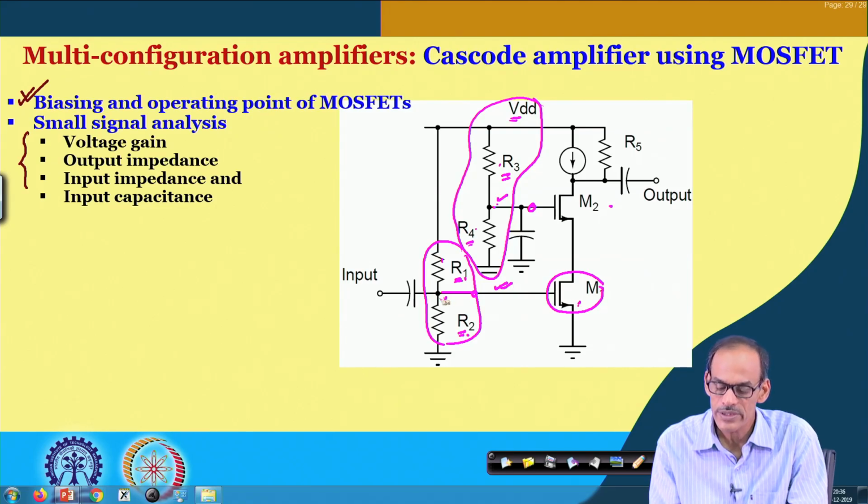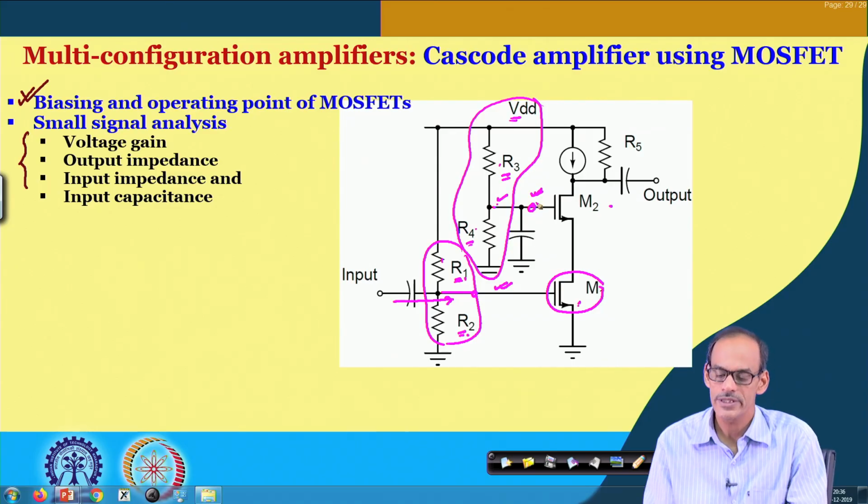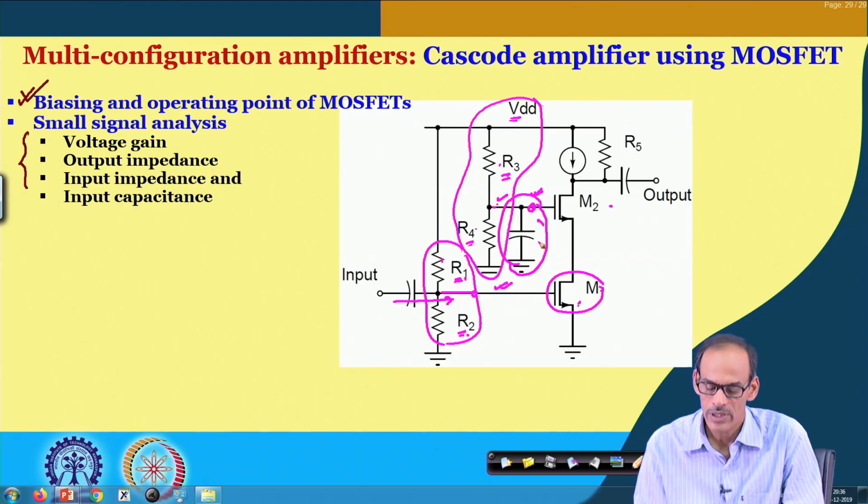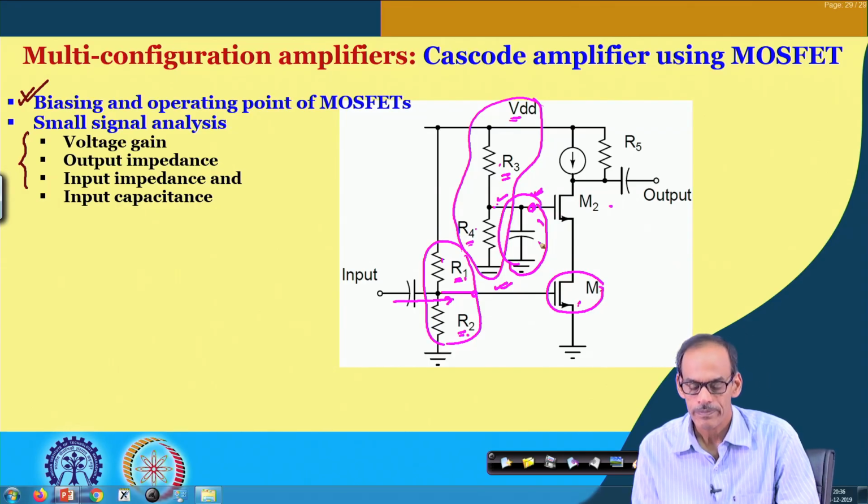Now, we are feeding the signal at this point, but we want this node to be AC ground for proper operation. So, at this node we are connecting a large capacitor to ground to make it really AC ground.